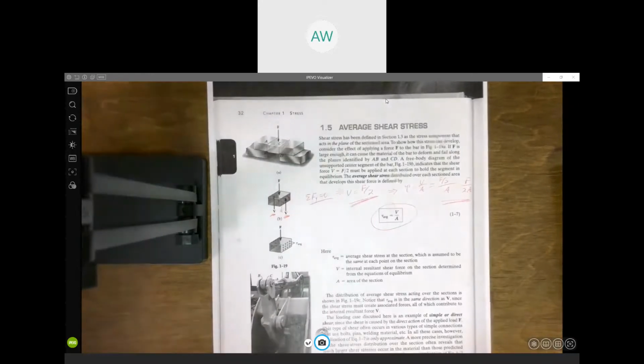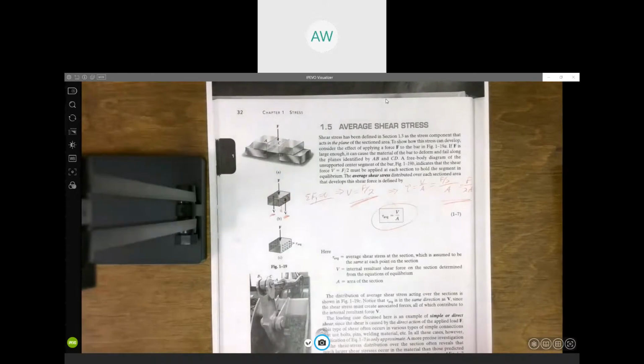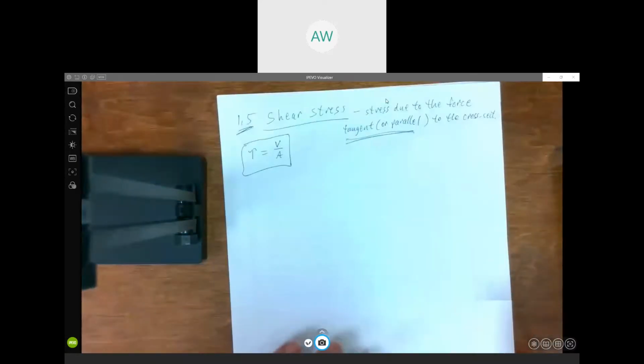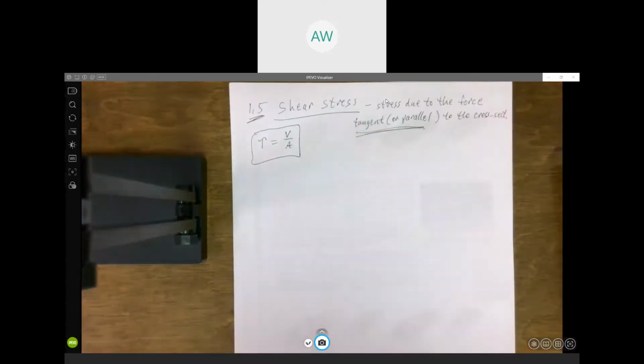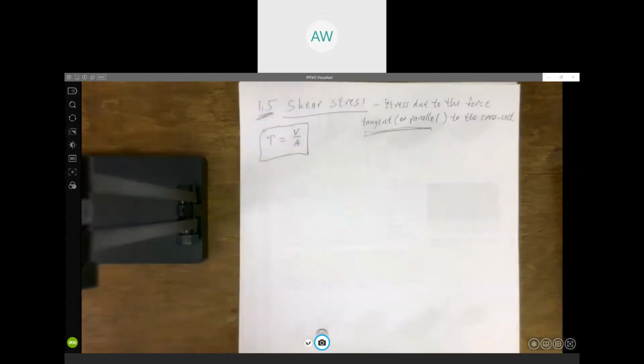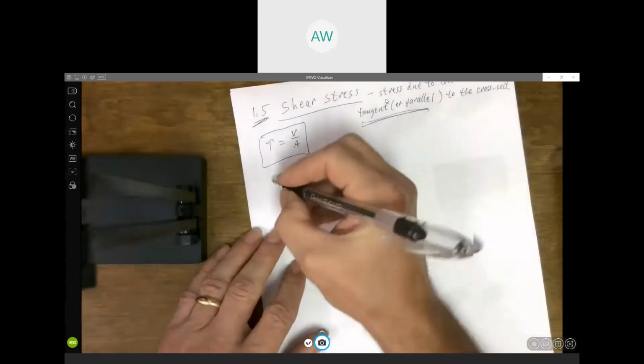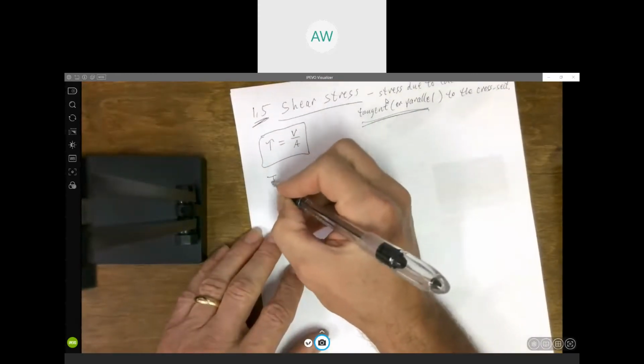Now, I want to mention that most of the problems we're going to see in this section are mostly joints, different types of joints where you have two or more members somehow joined together. That's what I want to focus on right now.